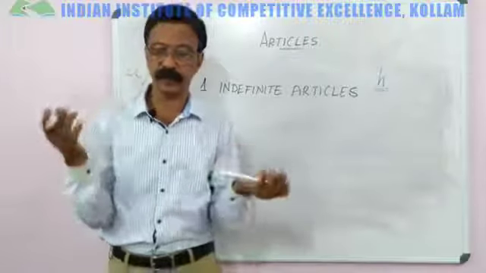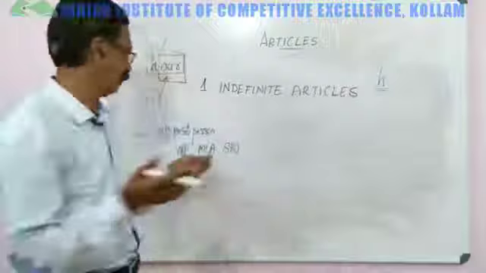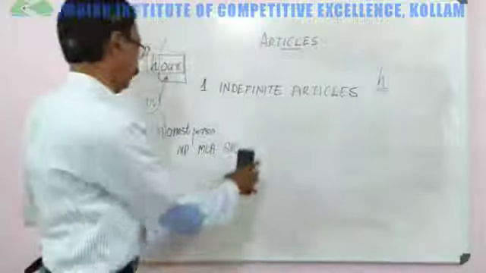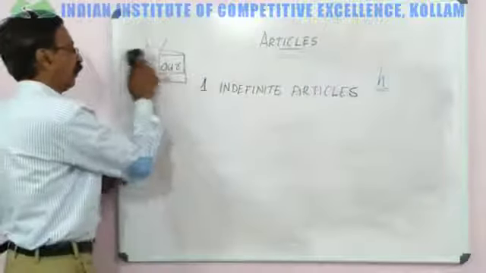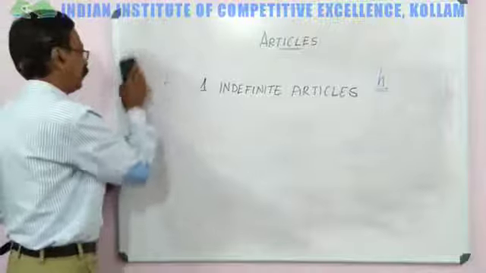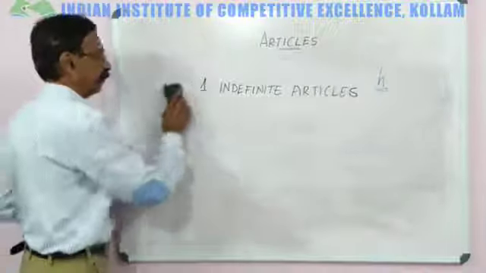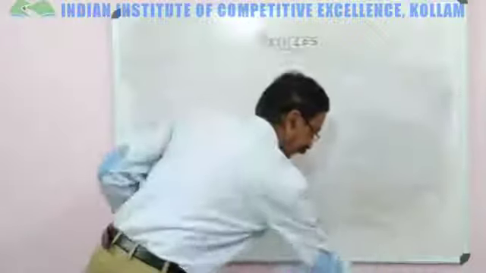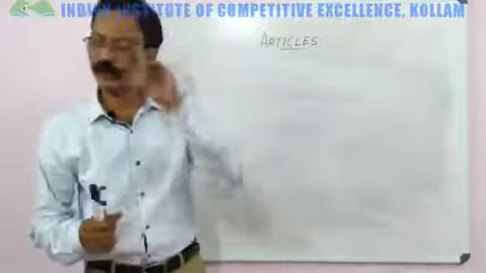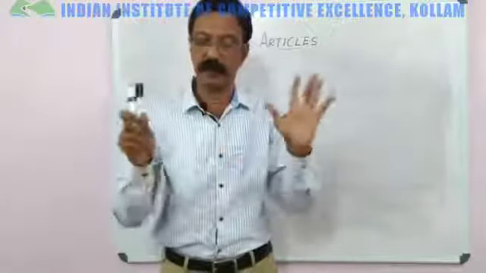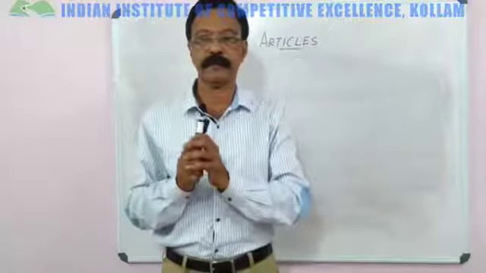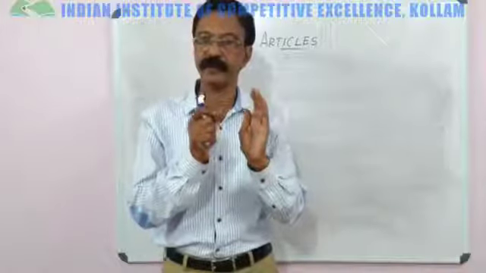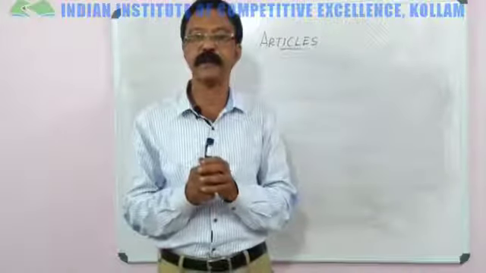There are so many examples like that. I think the usage and difference of the indefinite articles a and an is clear. So think of it. Just have a picture of a and an. I repeat, article: there are two categories of articles.